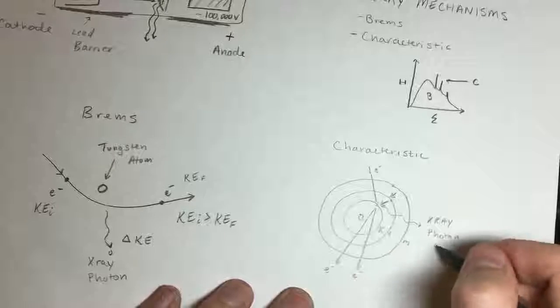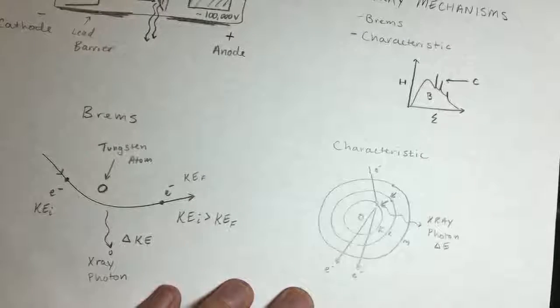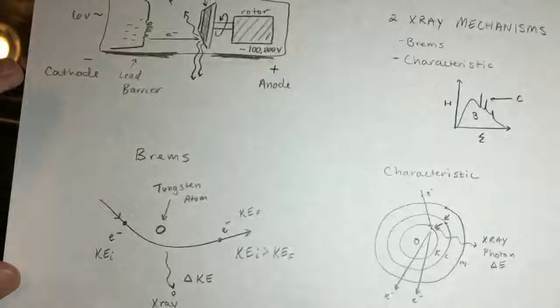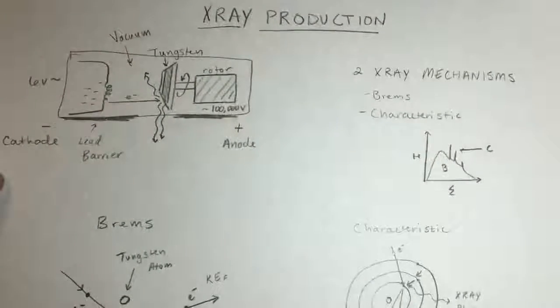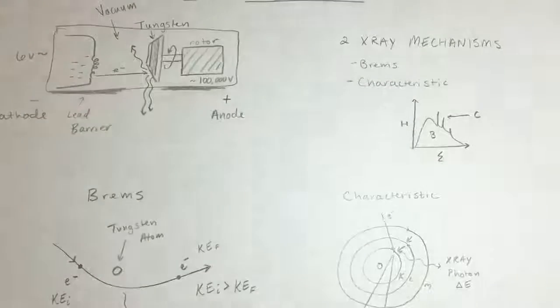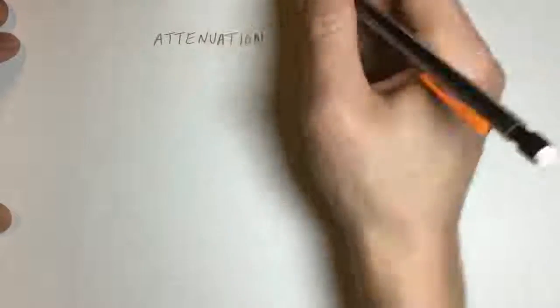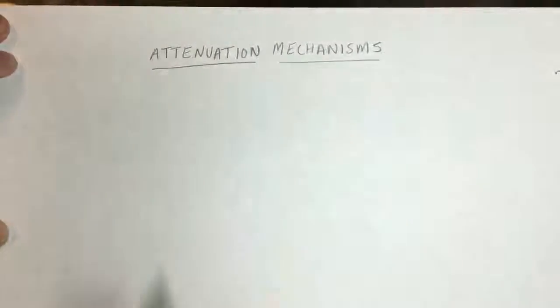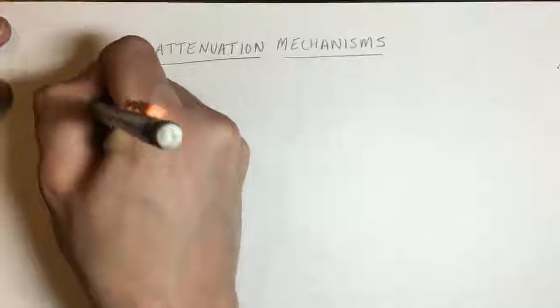And they give off that energy as an X-ray photon as they move down. So because that X-ray photon released is a specific energy change between those levels, that's why you get those peaks in the characteristic X-ray graph there, because it's specifically those energy ranges that are occurring from degrading through electron shells.